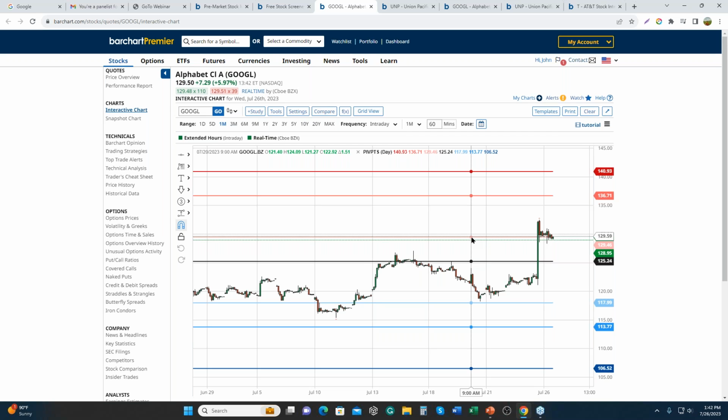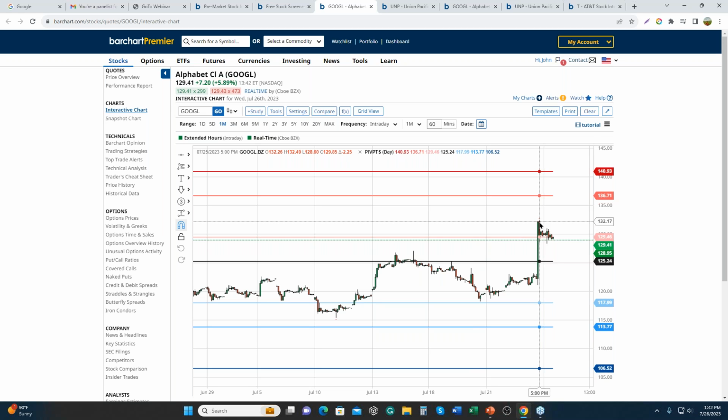But again, without volume to confirm, this is giving us a higher probability that maybe Google will back off over the next few days. If I was thinking about this as a buying opportunity or playing this momentum because of this gap up, well, now what do I need to see? I want to see volume come in over the next day or two and probably want to see it take out this high.